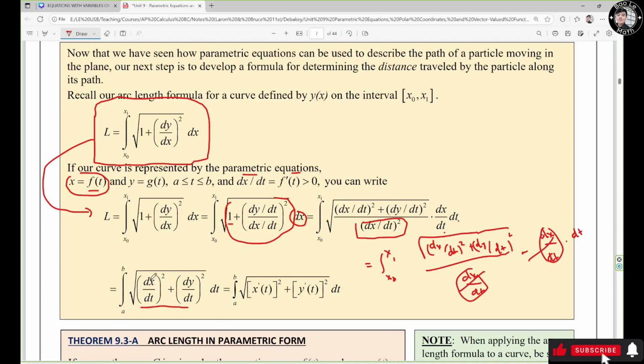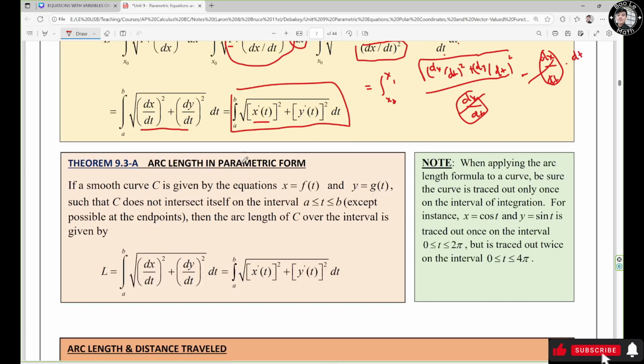Now, dx over dt is the derivative of the function x with respect to t, and dy over dt is the derivative of the function y with respect to t. That's why you have the formula right here. The arc length in parametric form is given by this formula.